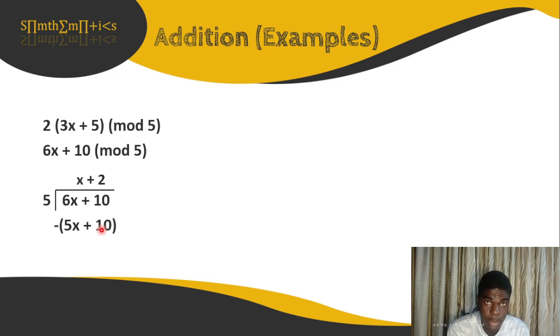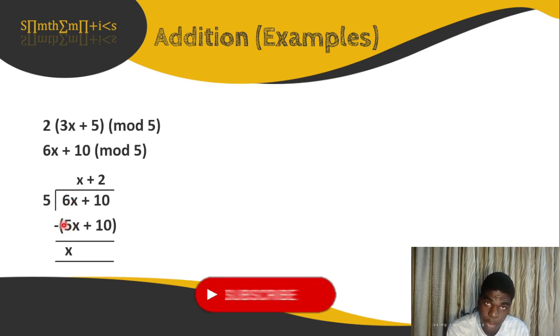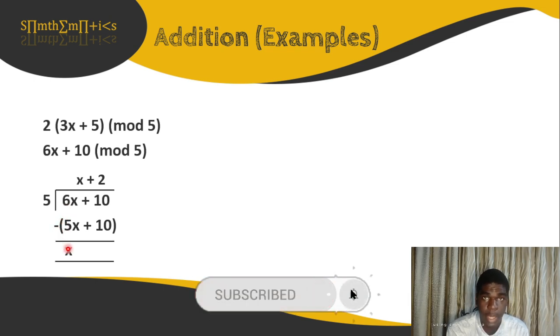And then we're going to subtract this 5x plus 10 from 6x plus 10. 10 minus 10 will give us 0, and 6x minus 5x will give us x.